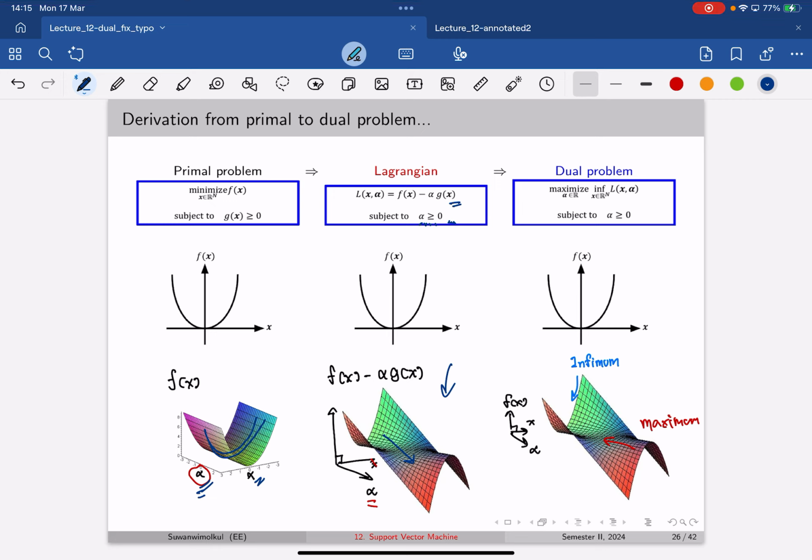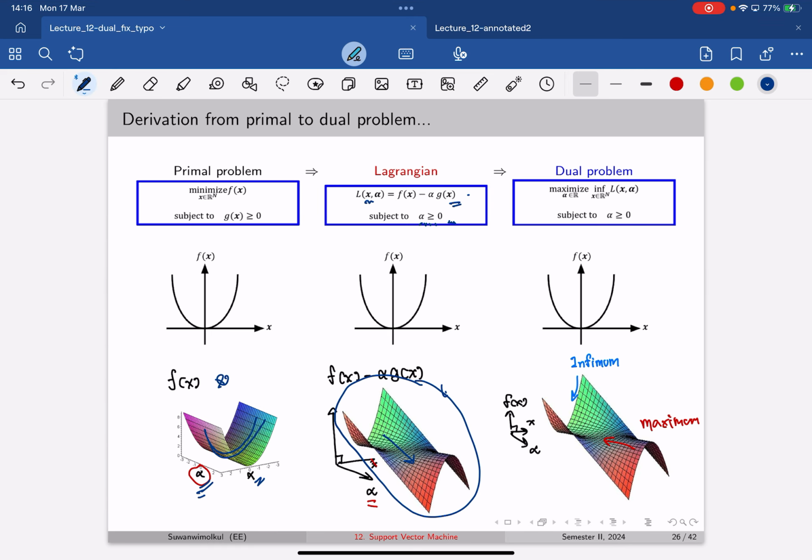So as you are having this as your main objective function, what is happening is that if you were to find x that will turn your Lagrangian into somewhat the same as your primal, in order to find that, as you are having this surface instead of the primal surface, what you would do is that you probably have to tune for alpha somewhere on this surface.